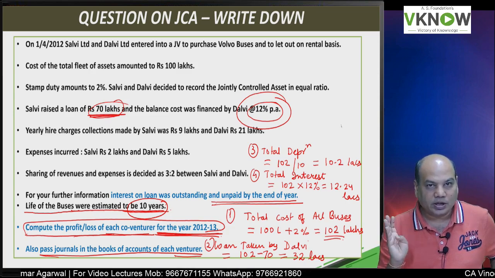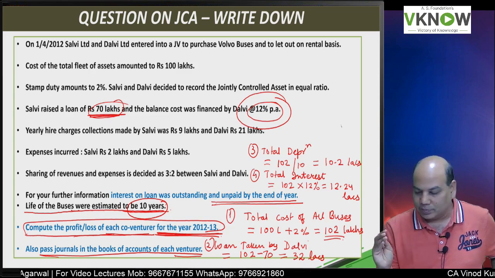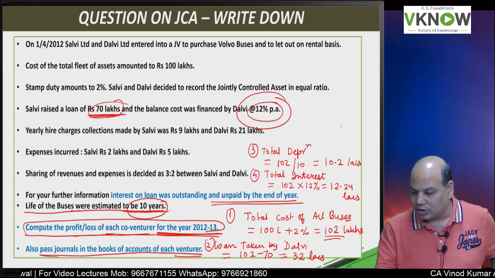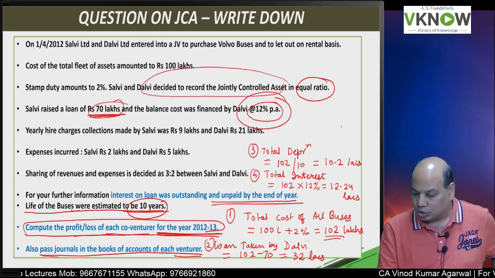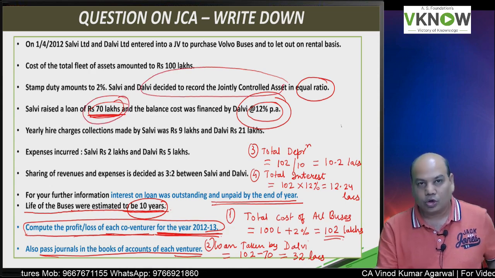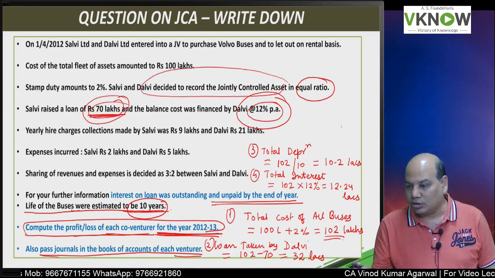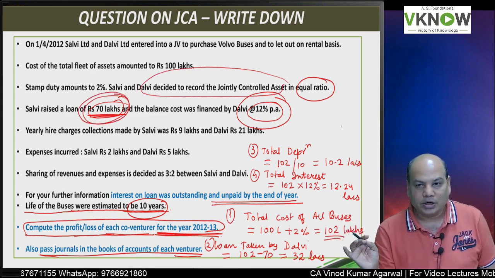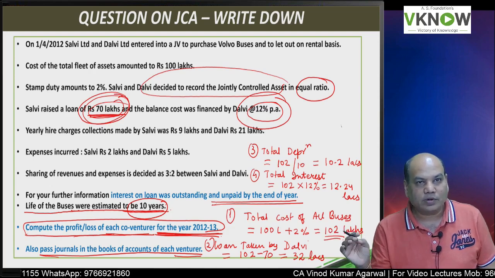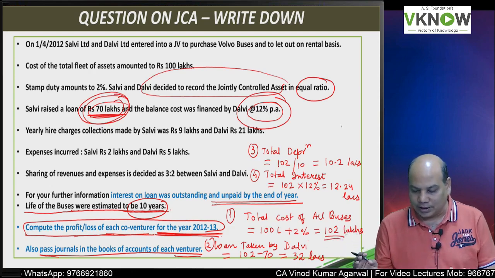Expenditure will be shared in the ratio of 3:2. Depreciation they are going to share equally because they are going to record the jointly controlled asset equally. Interest on loan, they will record whatever loan they have individually taken.